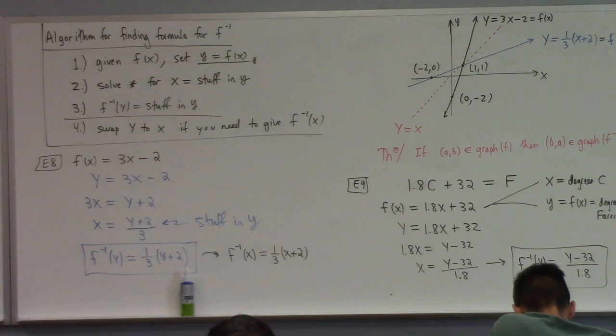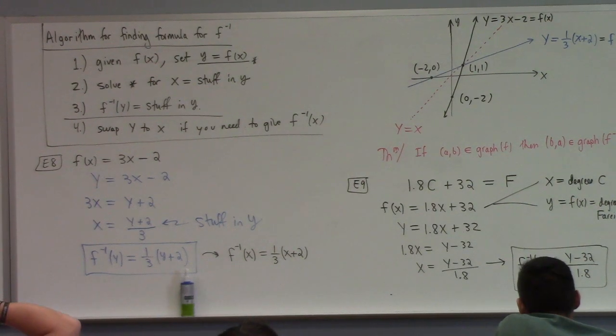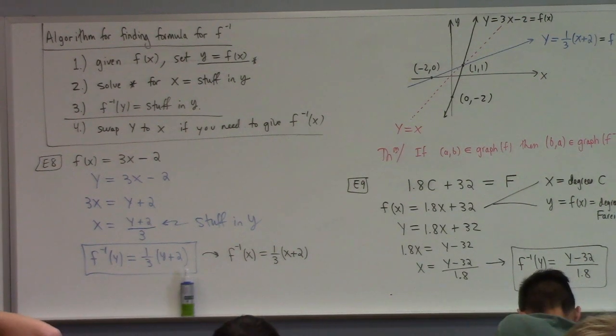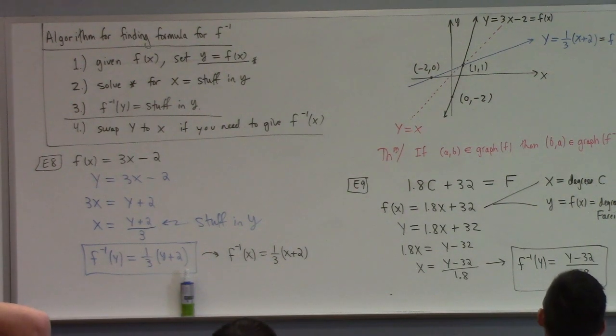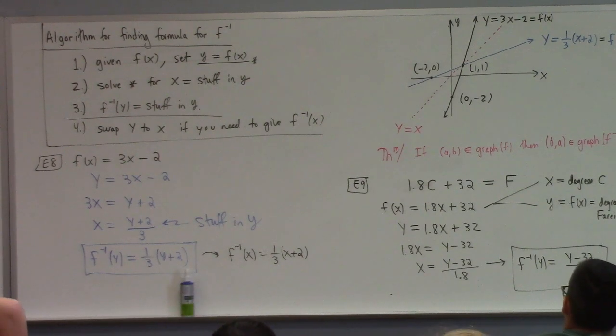But just like my graph above, there's some point, if you were to graph both in terms of x, where the degrees Fahrenheit equals the degrees Celsius. Did you know that?